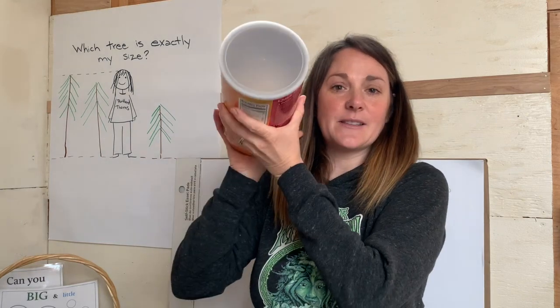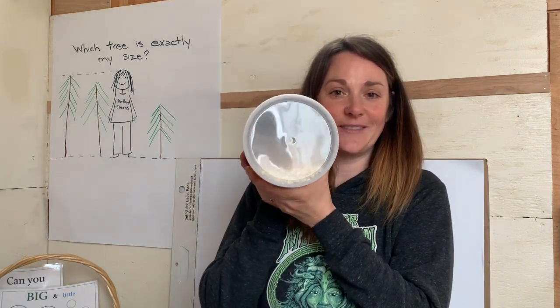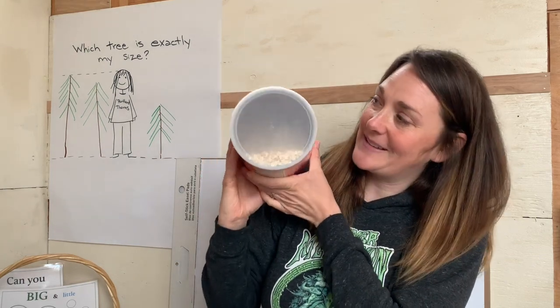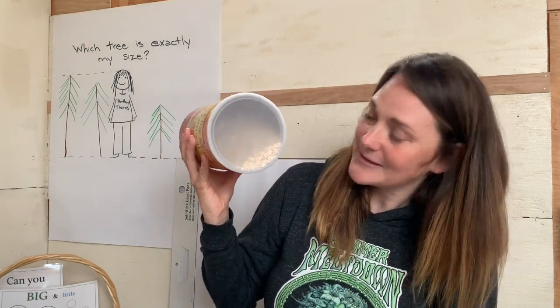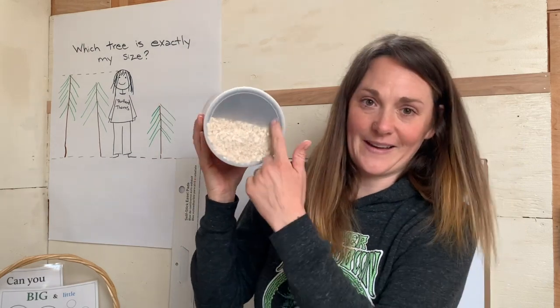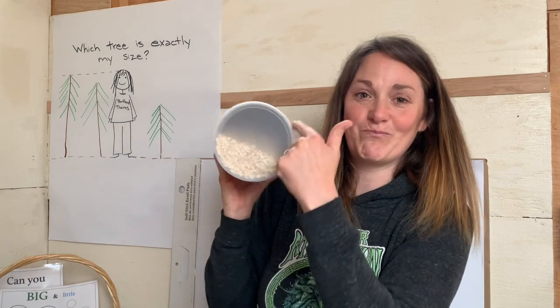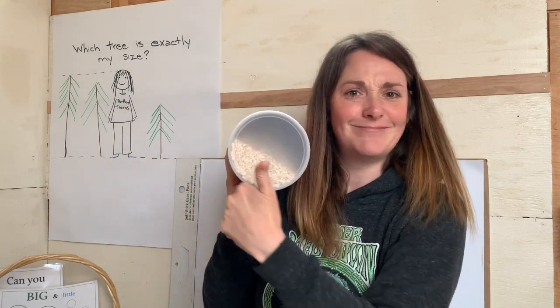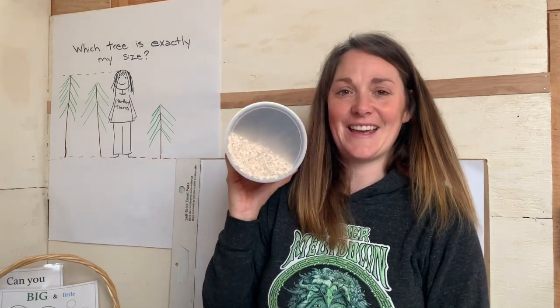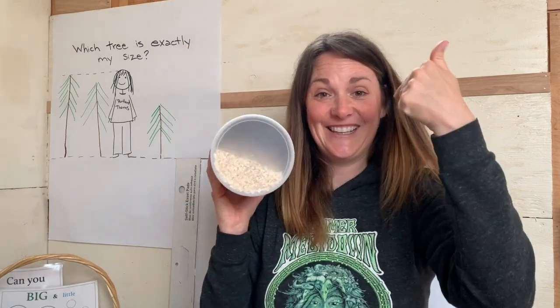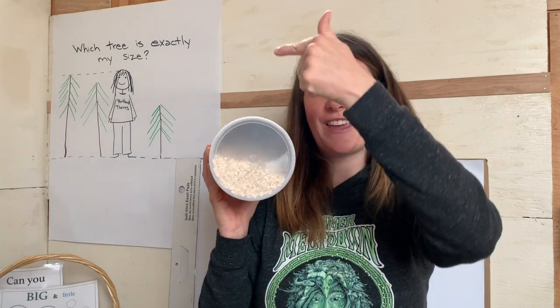All right, so now let's look at our oatmeal box. Okay, so I'm gonna start this way. What shape do you notice on this oatmeal box? You can see the oatmeal inside of it. Is it a rectangle? Is it a square? Is it a triangle?